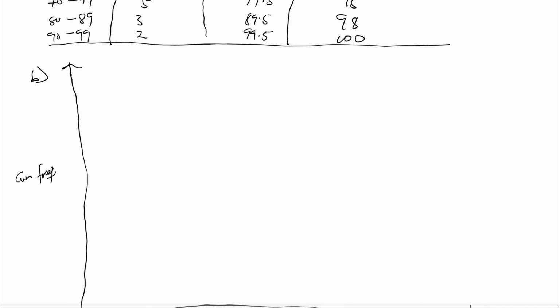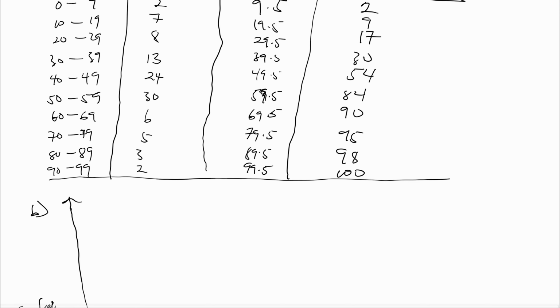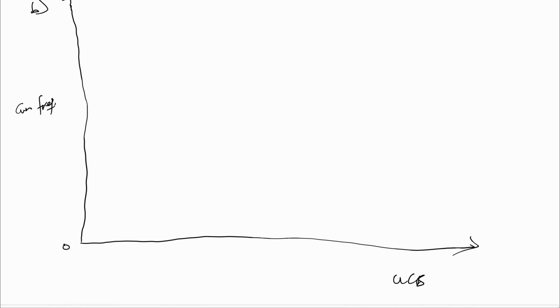Our cumulative frequency is from 2 to 100, so we can use 2 centimeters to 10 units on the y-axis. So we have 10, 20, 30, 40, 50, 60, 70, 80, 90, and 100.